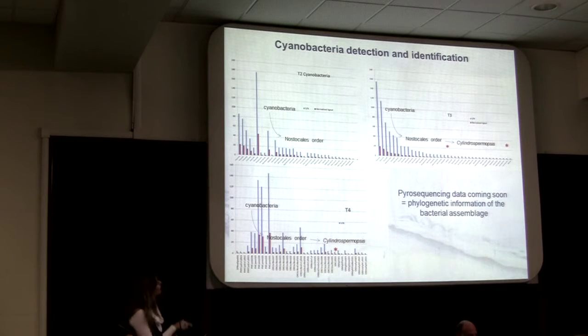So what we see is the evolution of the profile according to the site. And what they're going to do, they will take the same samples and do pyrosequencing. Then we will have a correlation between the sequencing data and our microarray results. So it will be a third approach to confirm that the microarray is really reliable.